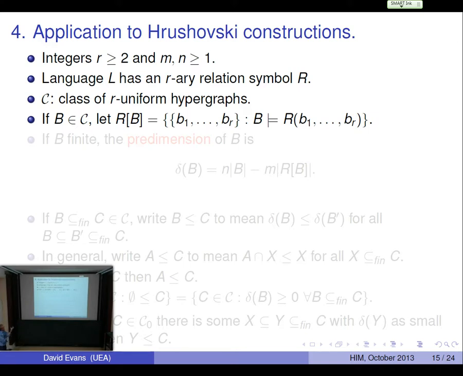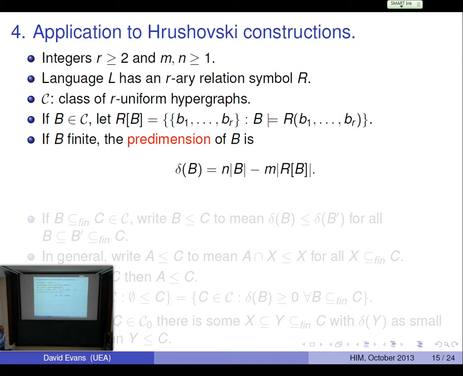So an instance of this relation in a structure in C is just a subset of size r. If B is one of these r-uniform hypergraphs, R square bracket B just consists of the hyperedges, the set of subsets which are related by R. I want this as subsets rather than tuples, just because we're now going to count the elements in this set.